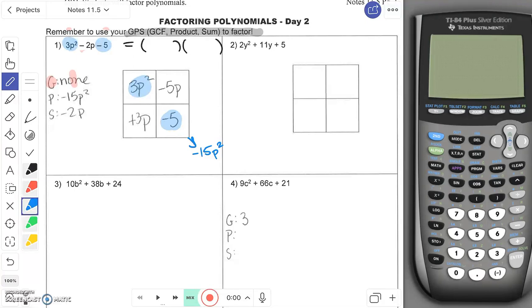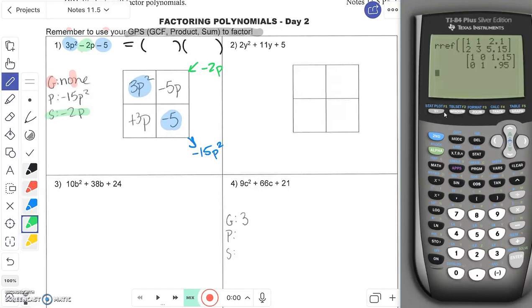My sum comes from the middle term, the -2p, and I'm going to use that to figure out what two numbers multiply to be -15p squared, but add up to be -2p. So we learned yesterday with our factor trees. Today we're also going to use our calculator.